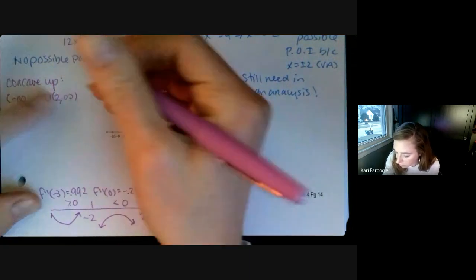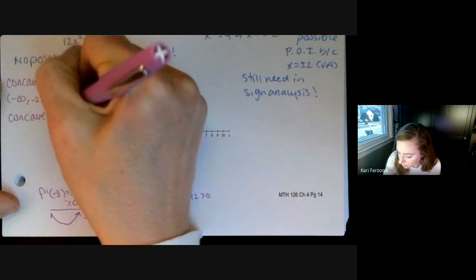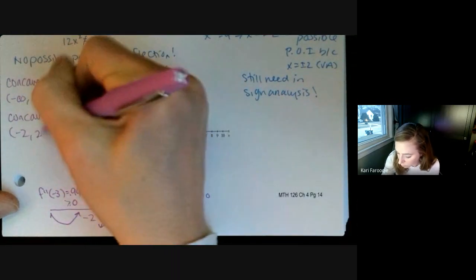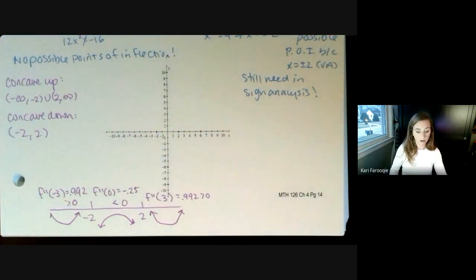And then it's concave down in the middle, which is from -2 to +2. Okay, so we have all the information. All we need to do now is graph the function.